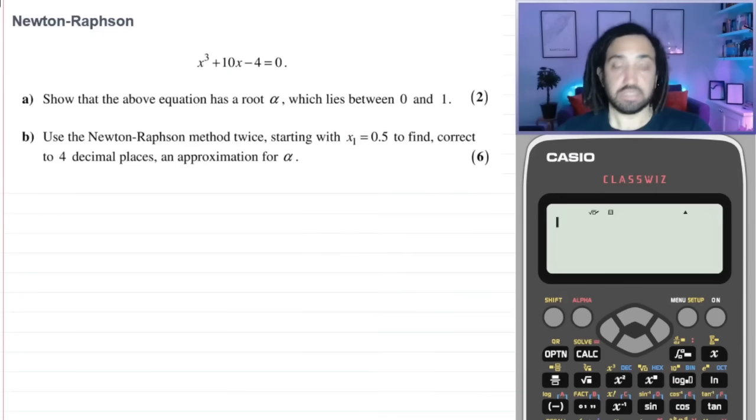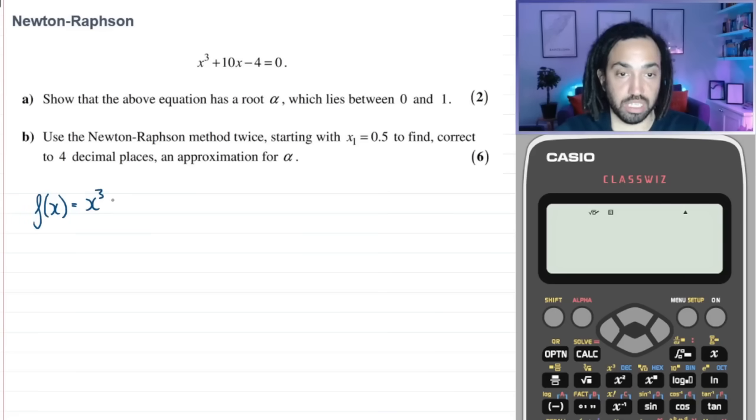Perfect. Okay, Newton-Raphson. So it says, show that the above equation has a root alpha which lies between 0 and 1. Okay, so what we do is we say that f of x is equal to the function we're trying to solve, like so.